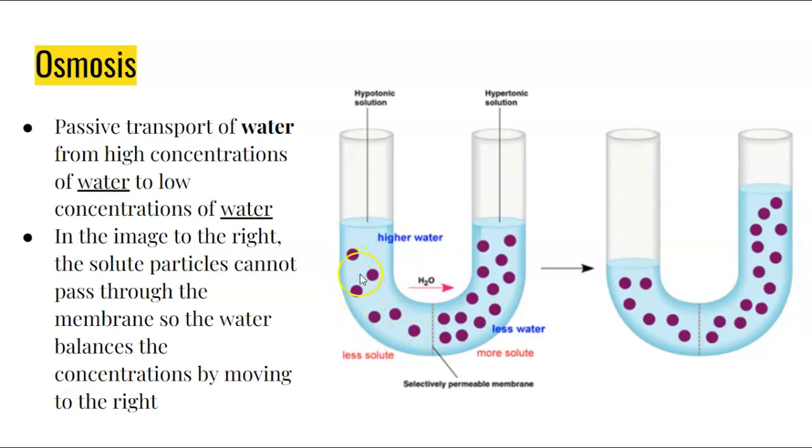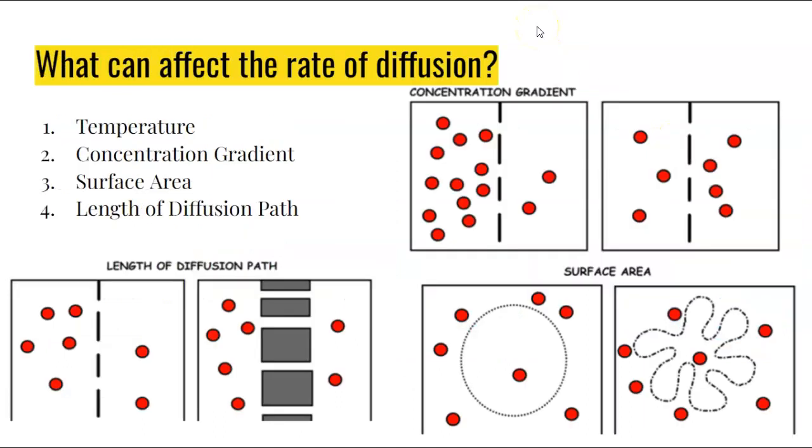So we have less solute on the left, more solute on the right, but what that really means in terms of water is that we have more water on the left because there's less solute, and less water on the right because there's more solute. So the water will move so that there's an equal amount, like the ratio between water and solute is equal now as the water has moved into the right.